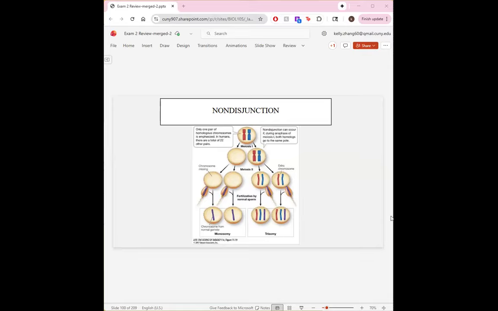So miscarriage is kind of a biological mechanism to protect against non-disjunction, or like if non-disjunction occurs, you have protection mechanisms that prevent them from becoming full humans, full adults.